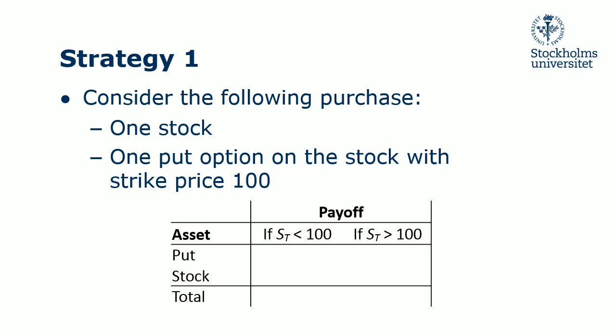Let's divide it into cases. We consider the cases in which the price of the stock at maturity is below the strike of the option, in this case 100, and the payoff when the price of the stock at maturity is actually higher than the strike price 100.